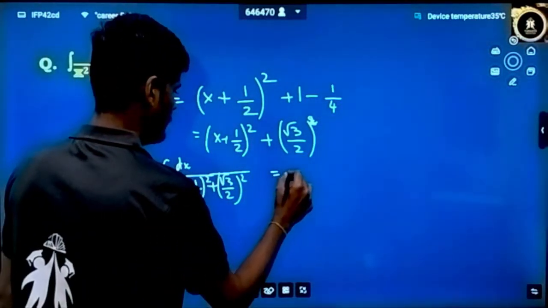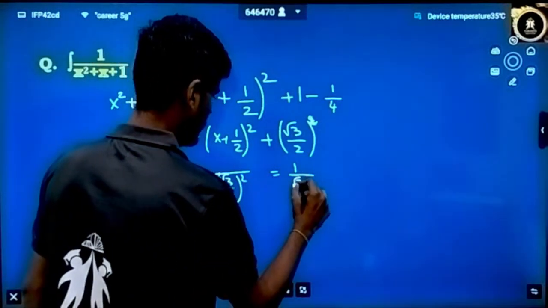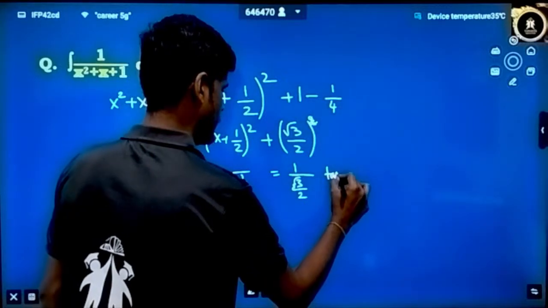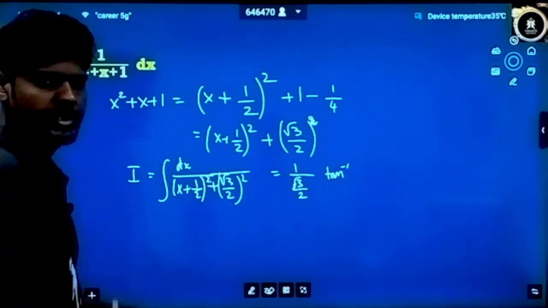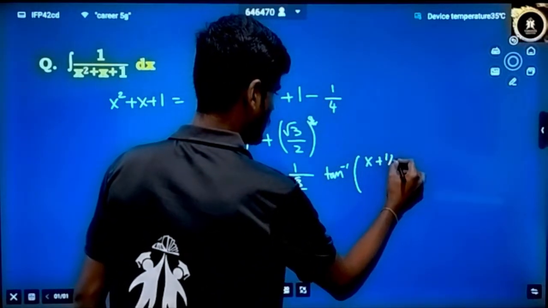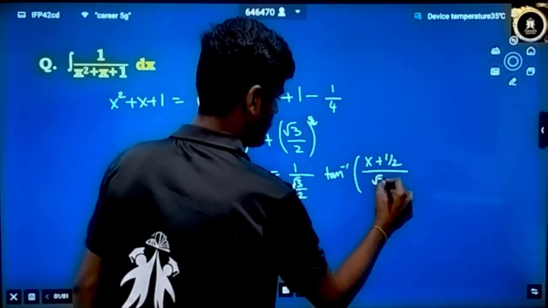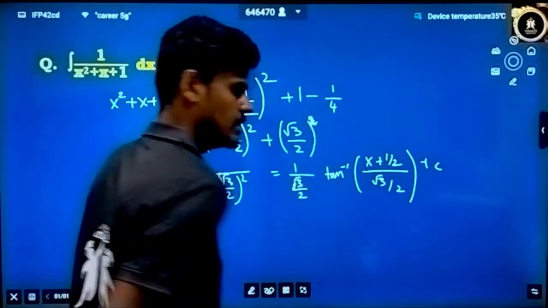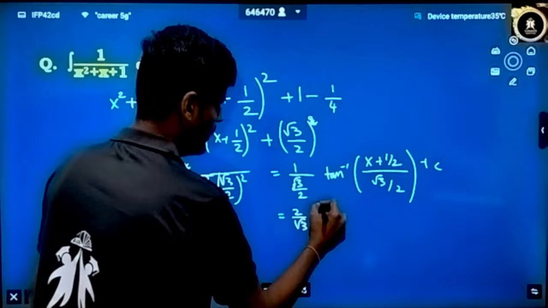So this will be equal to 1 by a, where a is root 3 by 2, 1 by a tan inverse of x by a. What is x? Here in place of x we have x plus 1 by 2. So write x plus 1 by 2 by a, where a is root 3 by 2, plus c.